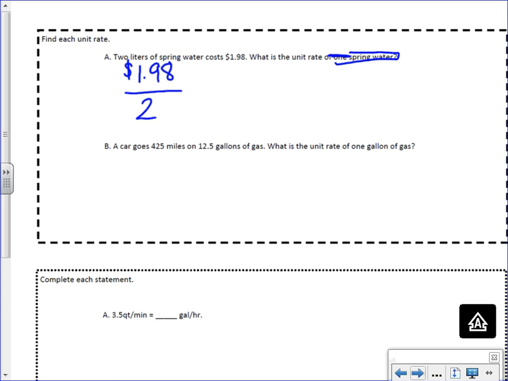And I put this on the bottom because this is what I'm trying to get to 1. I'm trying to get the 2 to a 1. Everybody with me so far? So if I want to get this to a 1, what am I going to divide by? Everybody? 2. So if I divide the bottom by 2, I also have to divide the top by 2. This is why calculators come pretty important in this chapter.